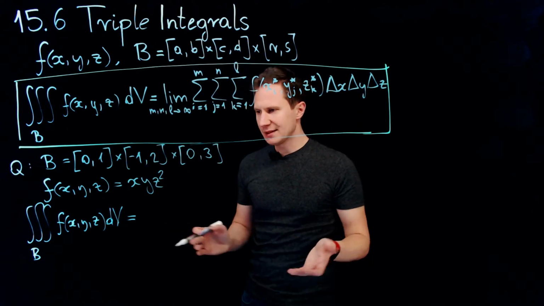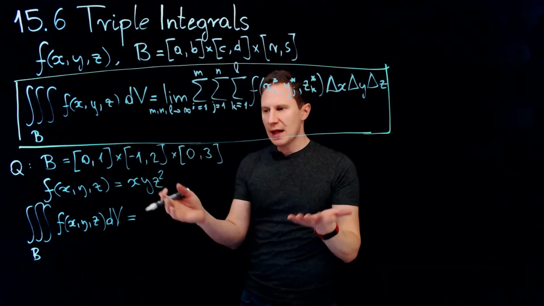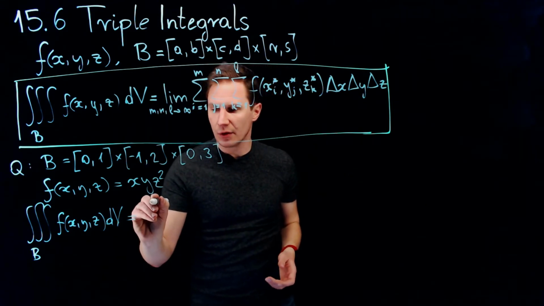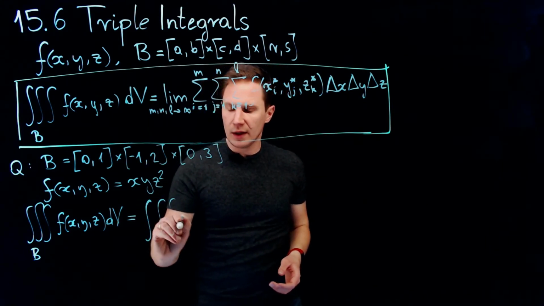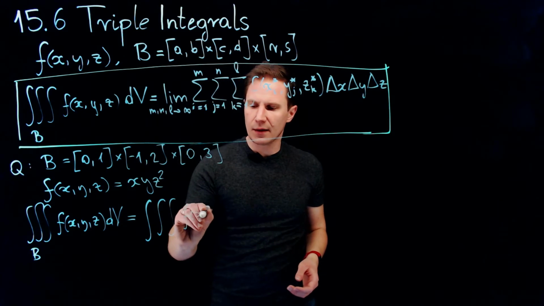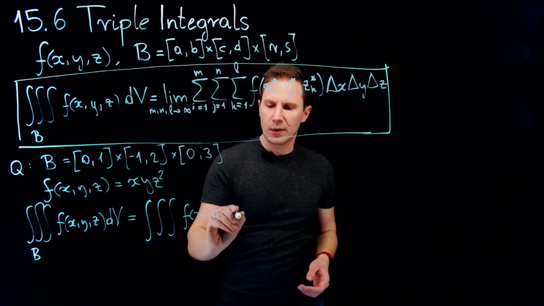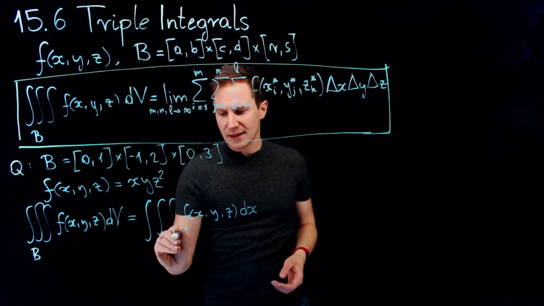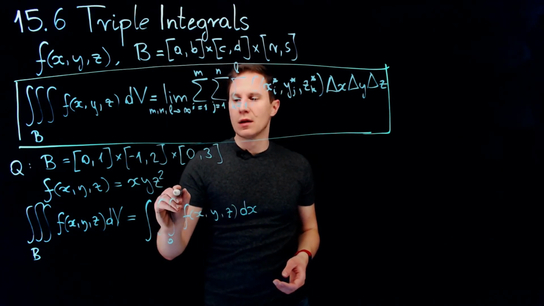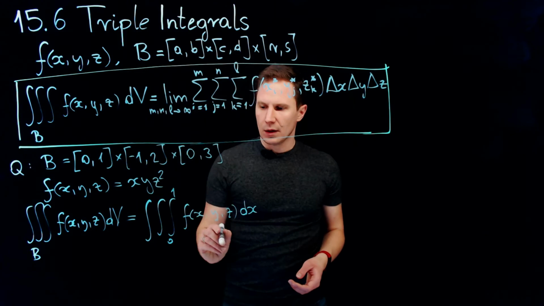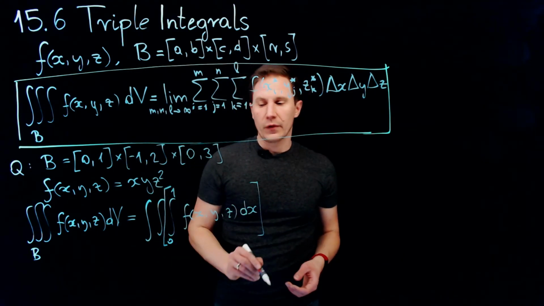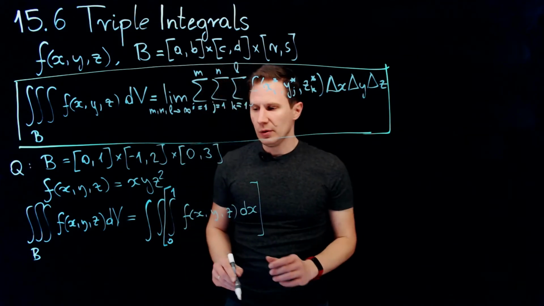Okay, I hope you paused it and realized that the way we can do it in this case is just iterated integrals. So we integrate f of x, y, and z, let's say first with respect to x, with x changing between 0 and 1. Then this way we get a function of y and z only.